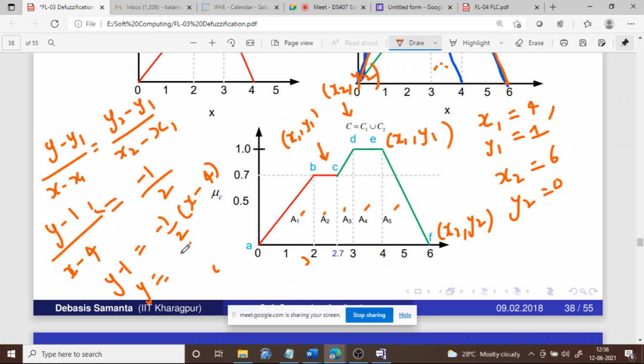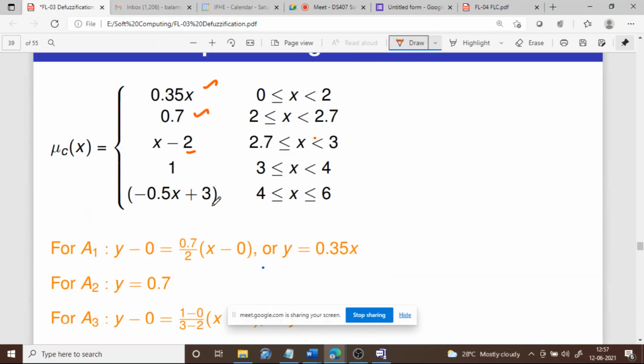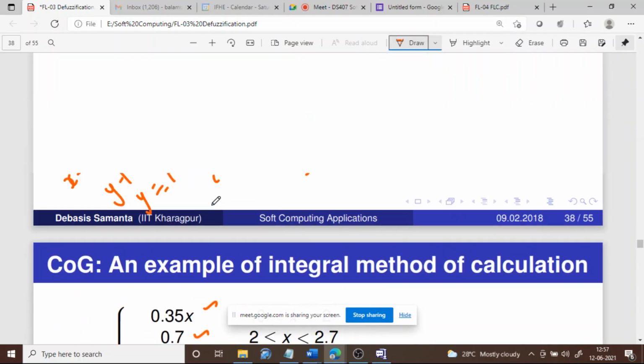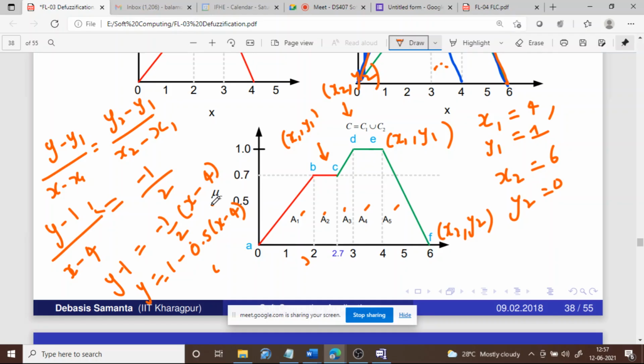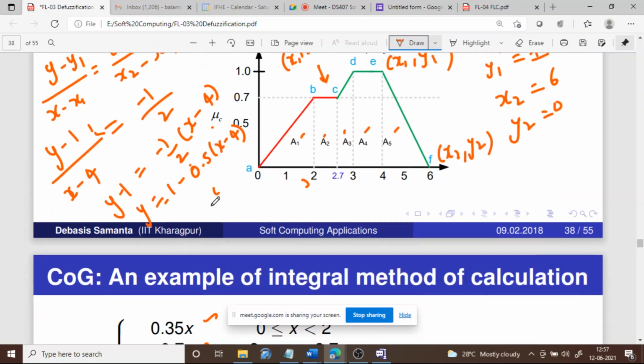So y is equal to 1 plus minus 0.5 into x minus 4. Yeah, so you can still simplify this.